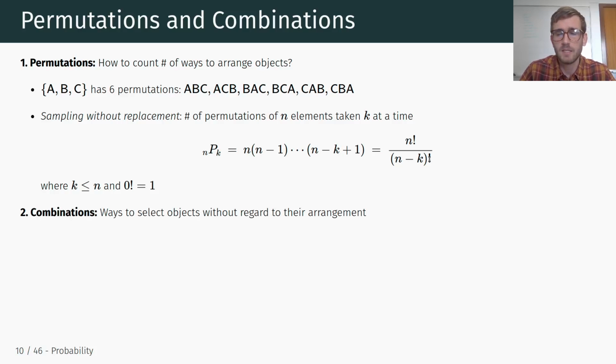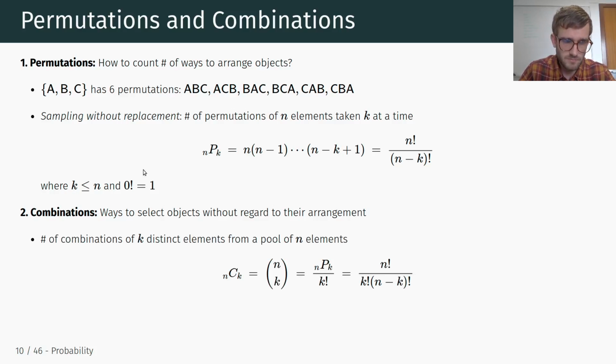Right? Combinations, on the other hand, indicate ways to select objects without regard to their arrangement, okay? So, for example, we have the number of combinations of k distinct elements from a pool of n elements, and we're going to look at an example in a second.